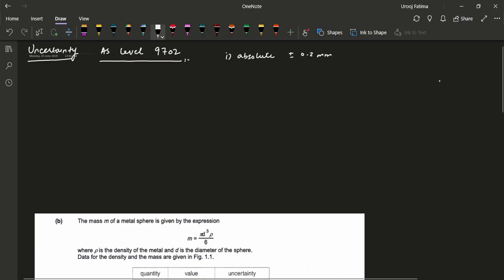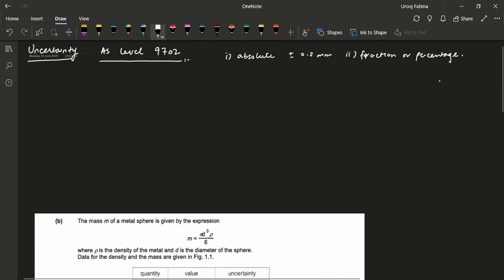And in the second way, they might give you an uncertainty in fraction or percentage.